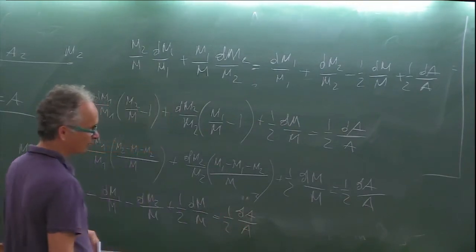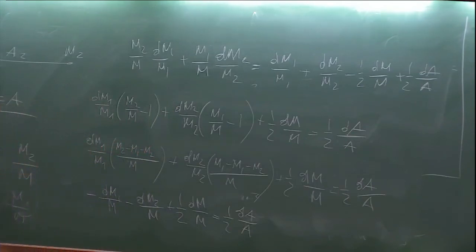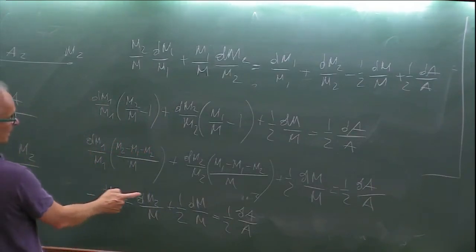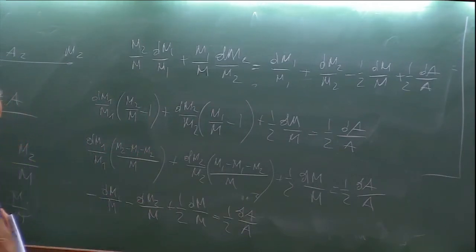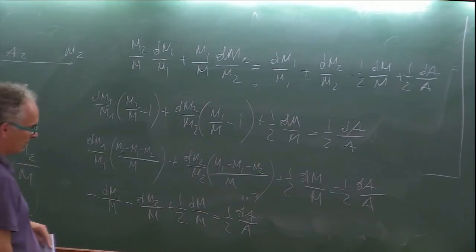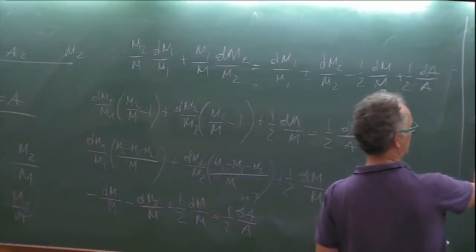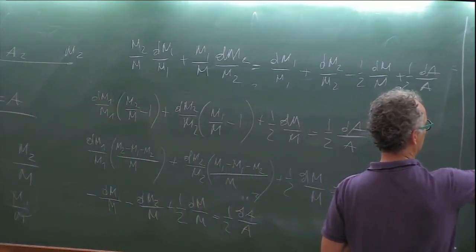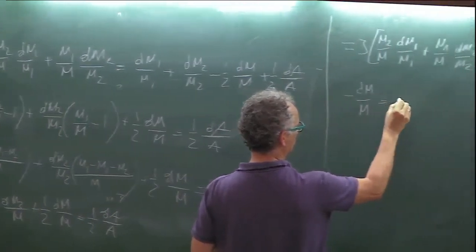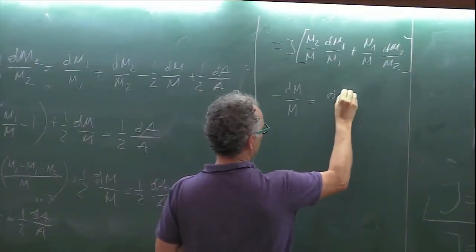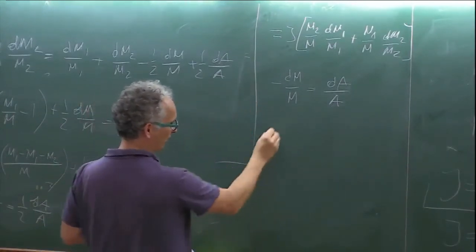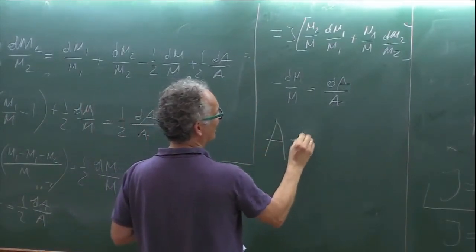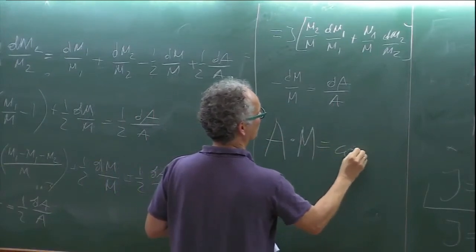And I'm getting to the finish of this, because this is dm over m, so we can add this to this and obtain minus 1/2 dm over m, which will say that minus dm over m is equal to dA over A, which can be easily integrated to obtain a simple formula: A times m is equal to constant.